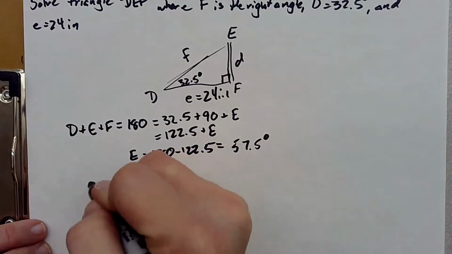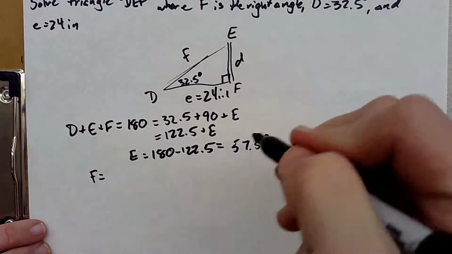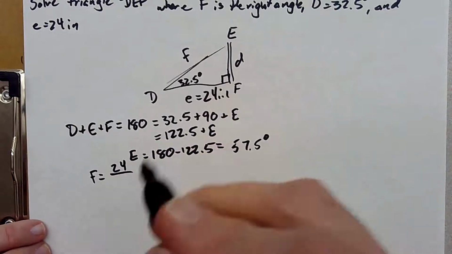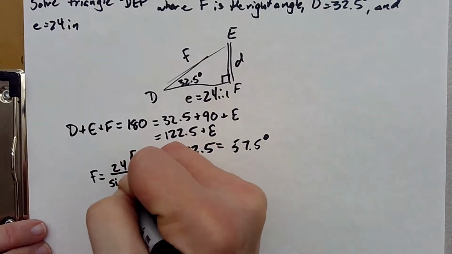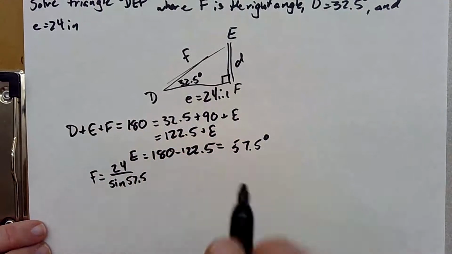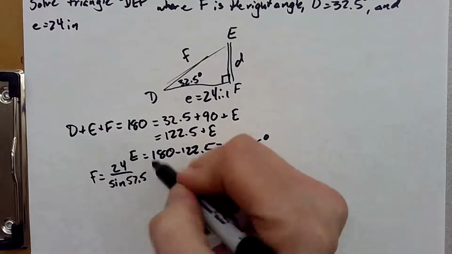So F is going to be equal to 24 over sine 57.5, which is about 28.5 inches.